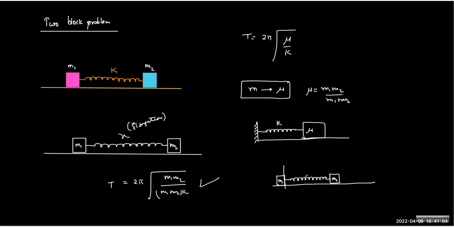First of all, understand if X is the elongation, this will try to move this way, this will try to move this way. This will go with acceleration A1, this will go with acceleration A2.